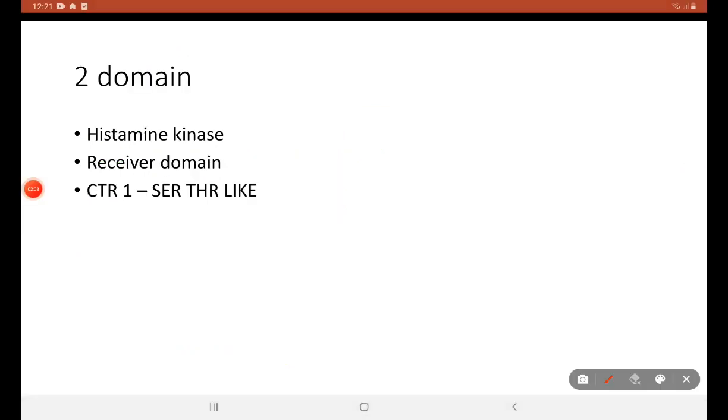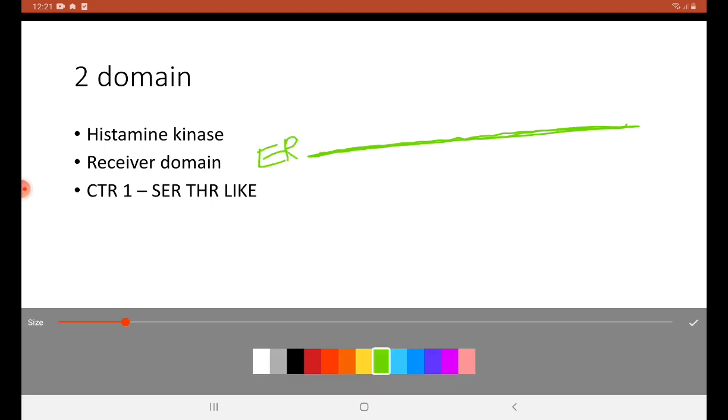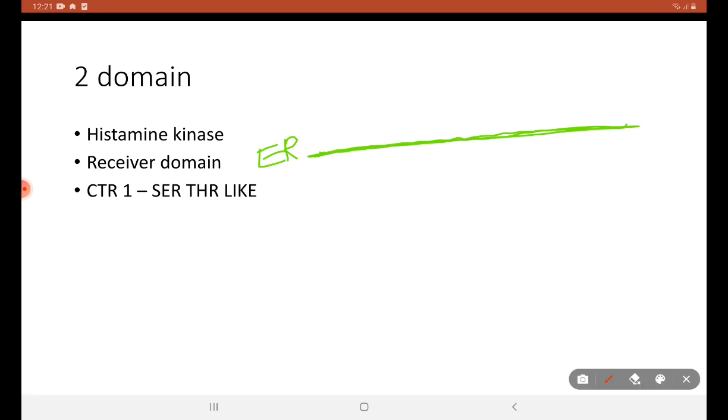Next, about the presence of domains. Let us draw the ER membrane. Consider it as an ER membrane. Let us draw the membrane bound receptor.